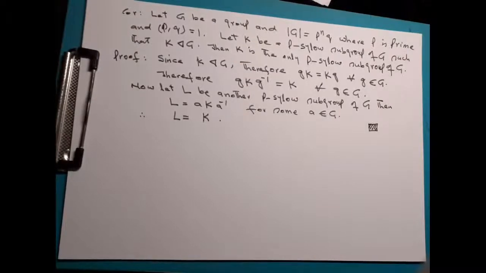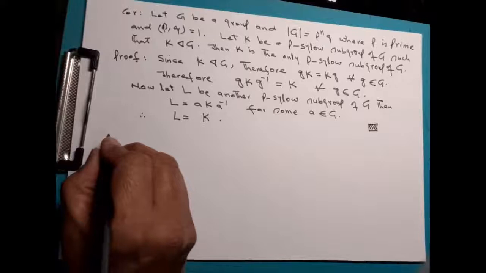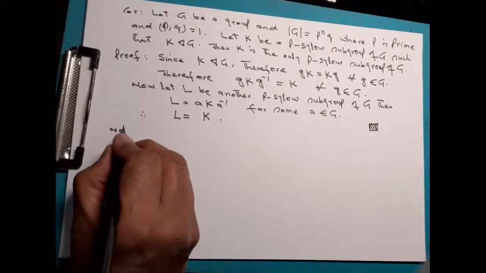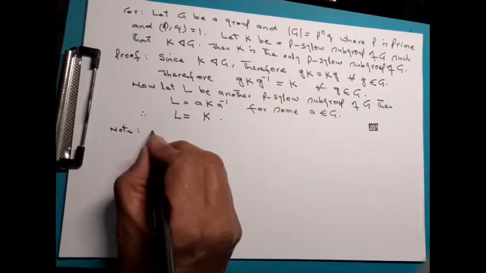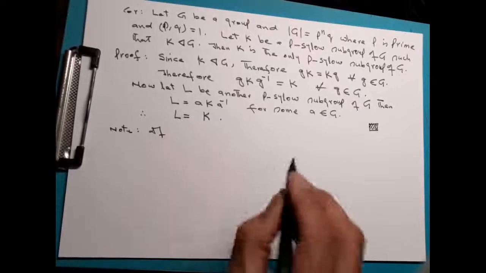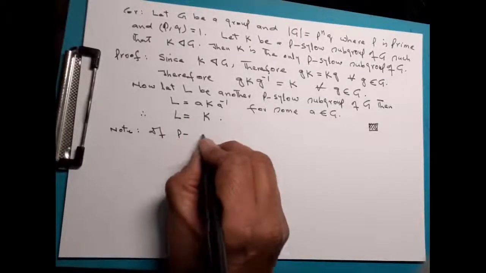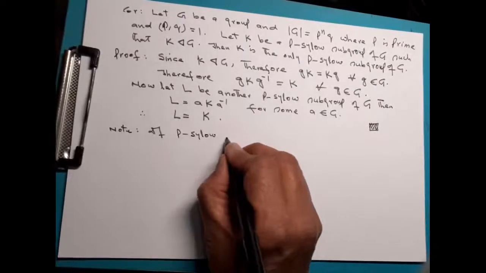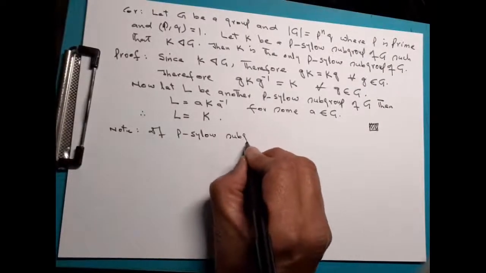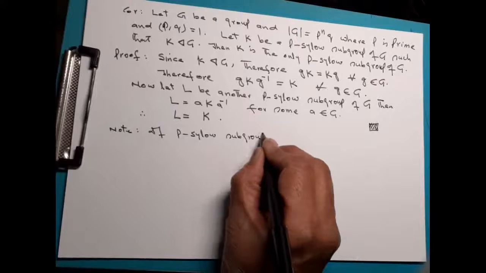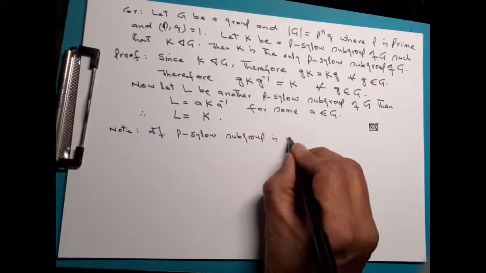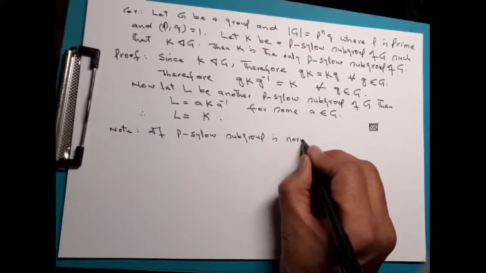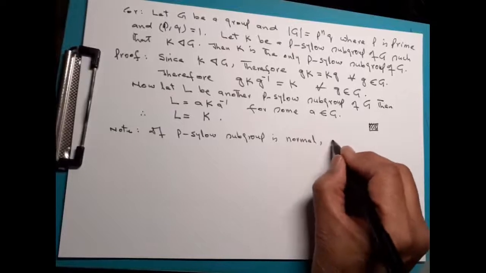So if a p-Sylow subgroup is normal, then it is unique. Let me note it. If a p-Sylow subgroup is normal, then it is unique.